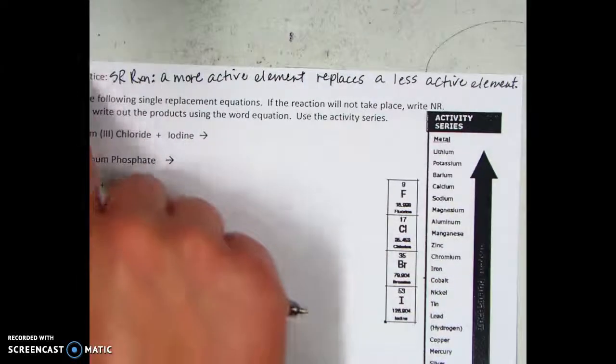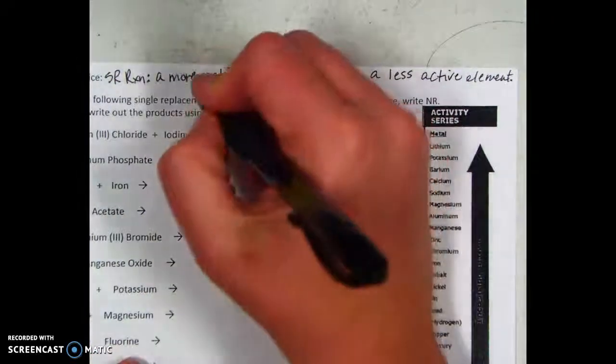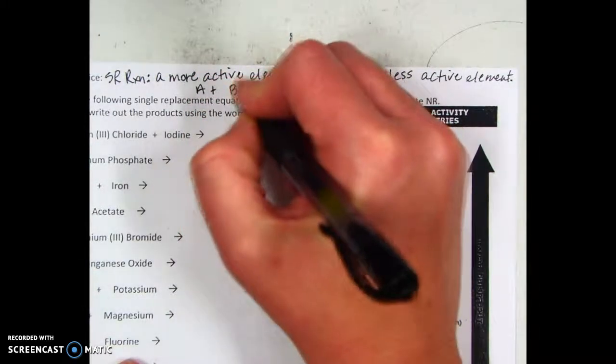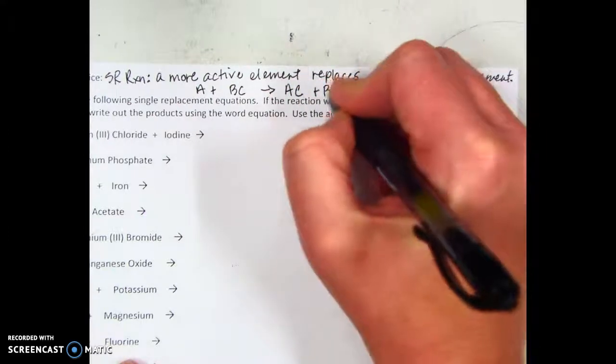Okay? This is straight from our notes. So a single replacement reaction is a more active element replaces a less active element. A plus BC will give me AC plus B.